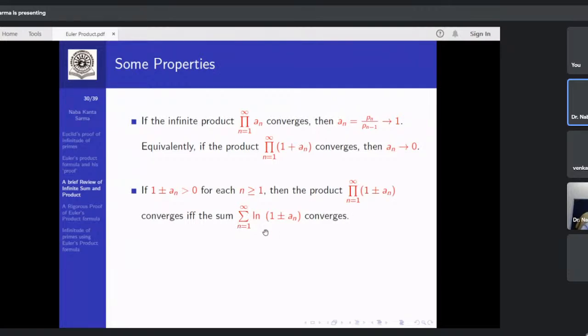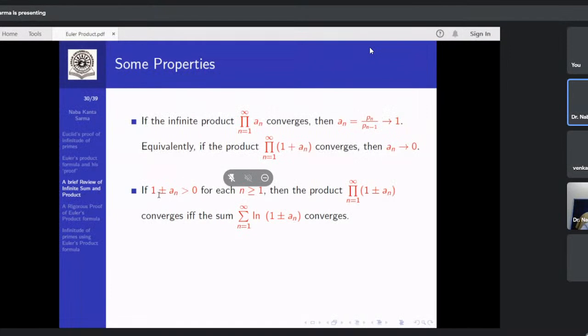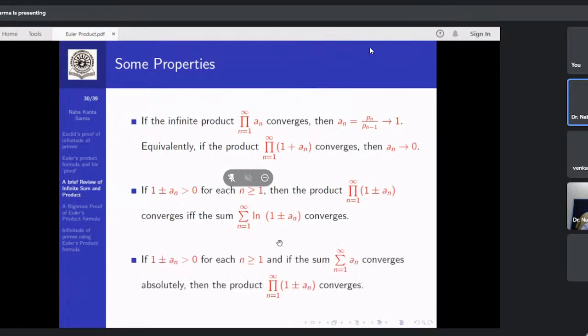In that case, we have to be careful, since the logarithm of negative numbers is complex, so we have to restrict our case to series where the terms are positive. Otherwise, this logarithm will not make sense. Similarly, if we know in advance that the sum converges absolutely, then the product of 1 plus or minus an will also converge.